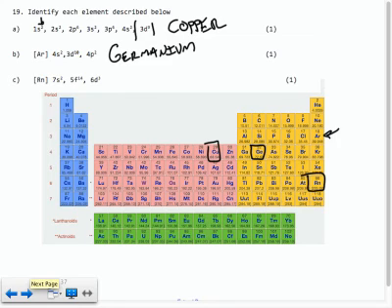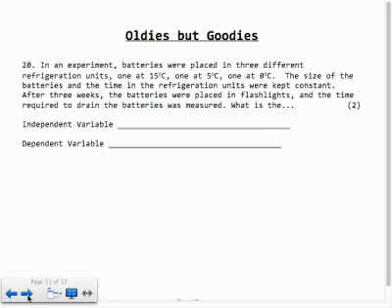It's element number 86. Radon is 86, plus 2 is 88, plus 14 is 102, plus 3 is 105. Element number 105 is dubnium, DJ's favorite element. All right, oldies but goodies.